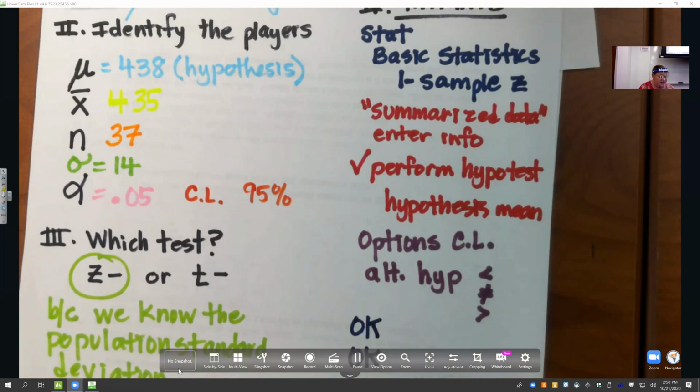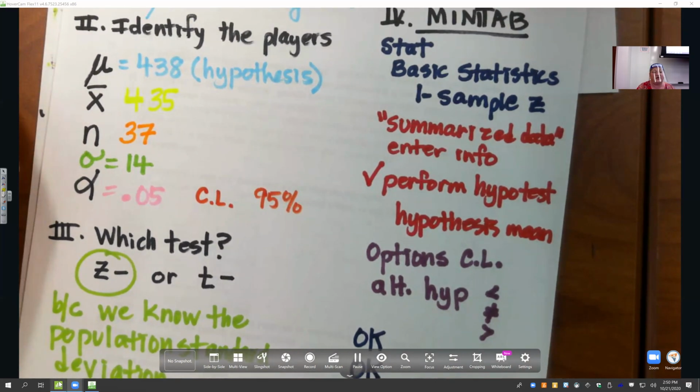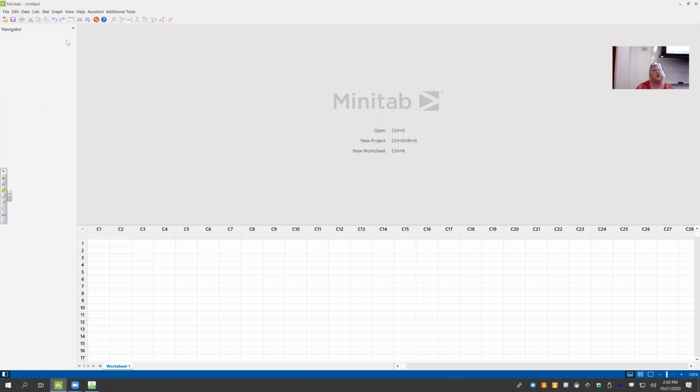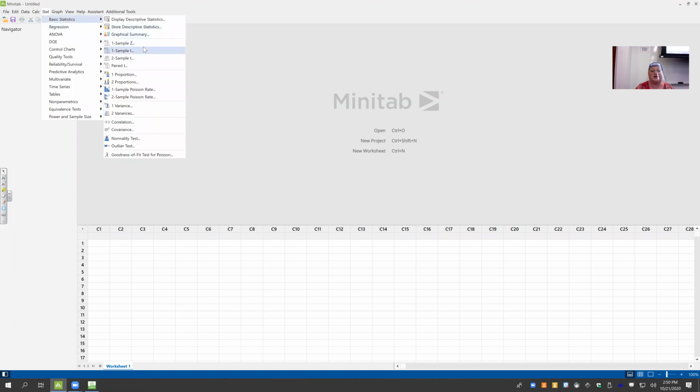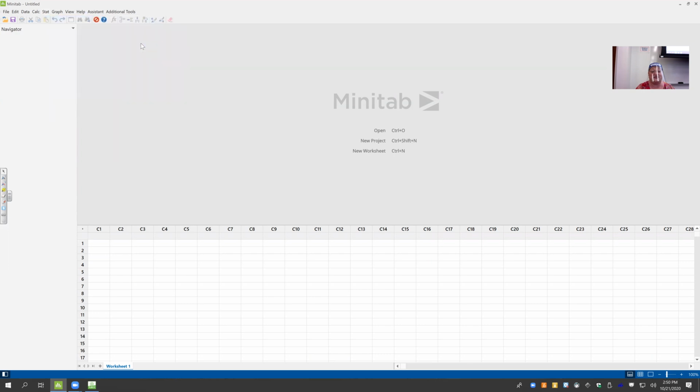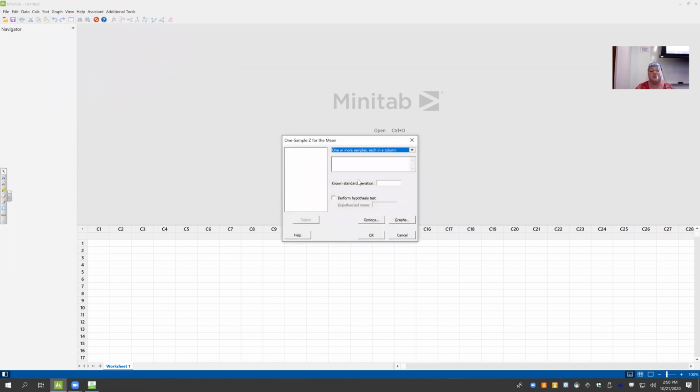All right, so I'm going to go out to Minitab, and I'm going to do this for you. I'm out in Minitab. We go to the top of the screen to Stat, Basic Statistics, one sample Z. When the wizard comes up, we're using summarized data. It asks for the sample size, and from the problem, we know that the sample size was 37. The sample mean from the problem was 435.